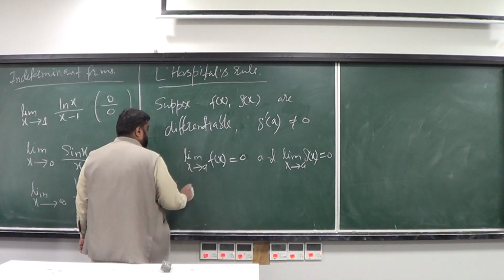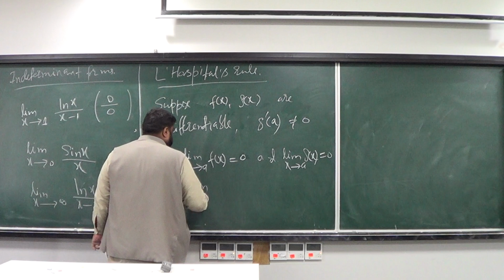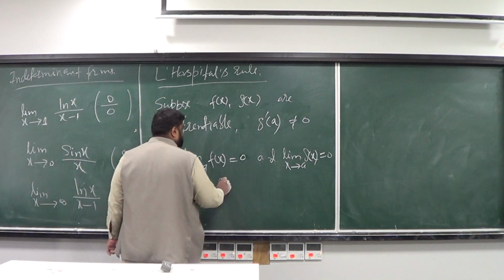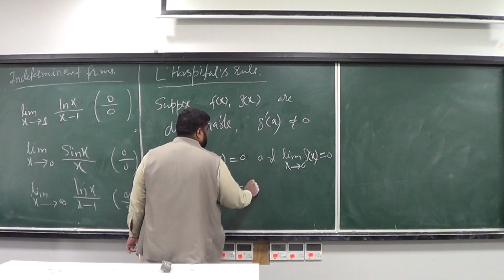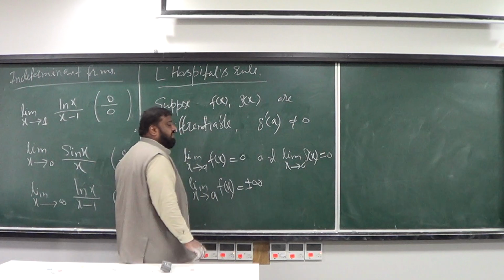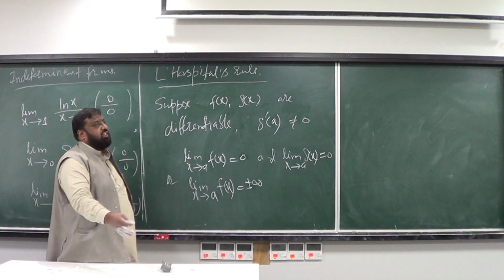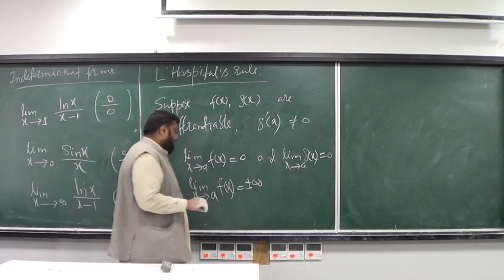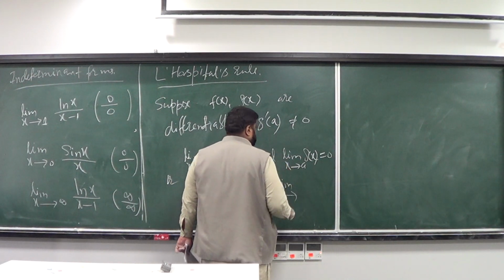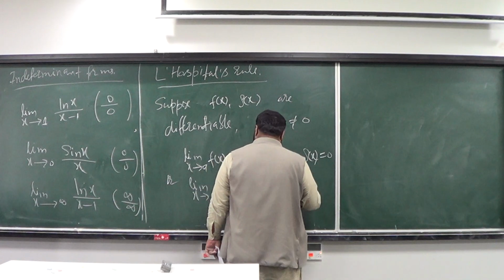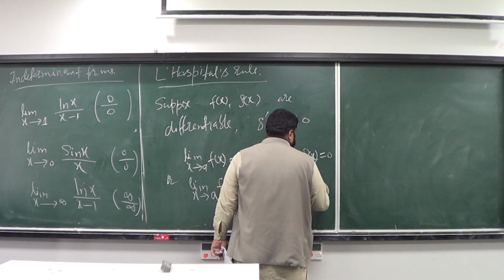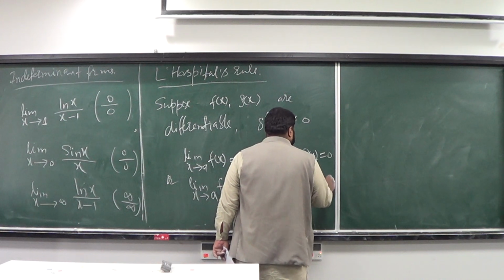Or the other situation could be that you are computing the limit as x goes to a of f of x, and it turns out that you get infinity. That infinity could be positive or negative. So you get plus infinity or minus infinity, say. And you compute, for example, the limit as x goes to a of g of x, and you are also getting plus or minus infinity.